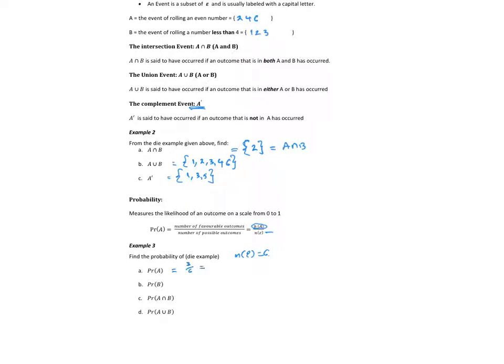So 3 out of 6, which is a half. The probability of B is also 3 out of 6. A intersection B: there's only one element in A intersection B. So 1 out of 6. The union, there were 5 different elements. So we have 5 out of 6 for the union. Okay, so I think that's relatively straightforward.